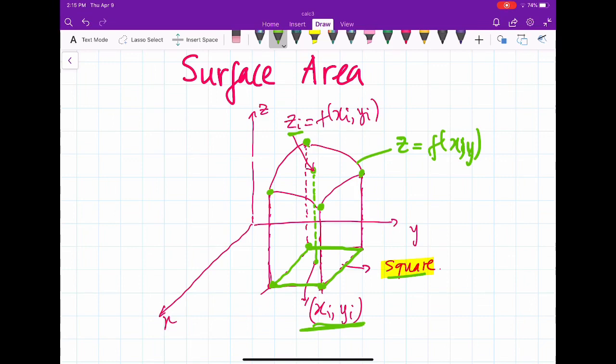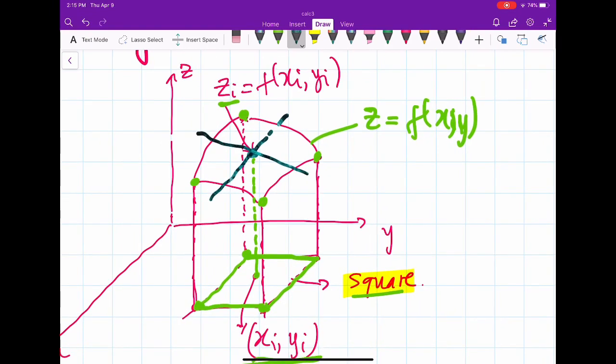And now, I want to approximate the area of the surface over the square by the area of some parallelogram. How? At this point, I will consider derivatives in the direction of the x and y axes. Make sense? We learned that topic already. I pick directional derivatives in here, and for these directional derivatives, I will have some tangent plane.